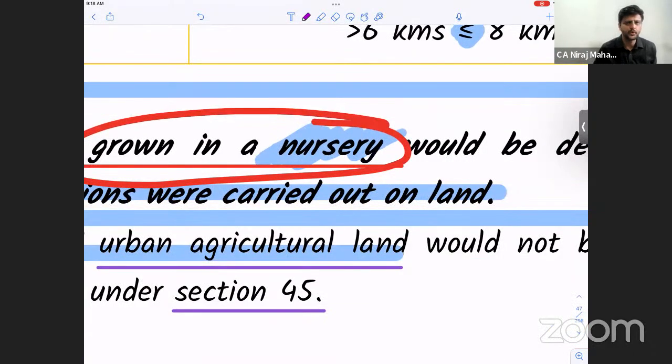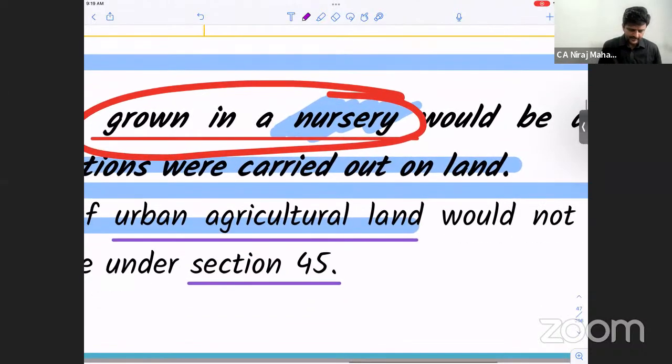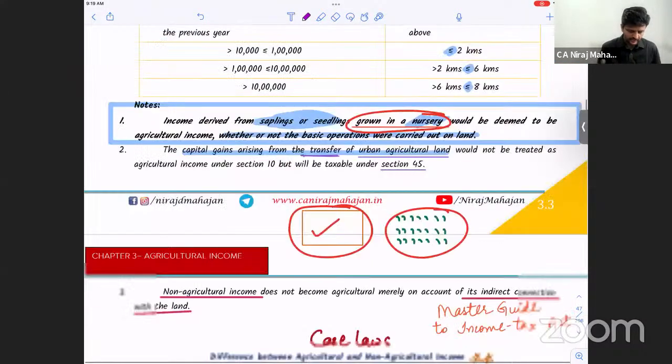If you are interested, you can take whatever shop act registration in the name of that member of your family, or you can start an HUF, do nursery business, and enjoy money 100% tax free. But just see to it that person doesn't have any other income which is more than the basic exemption limit, correct? So that is it for agricultural income.